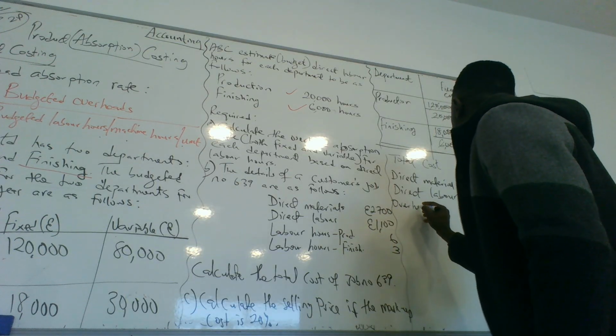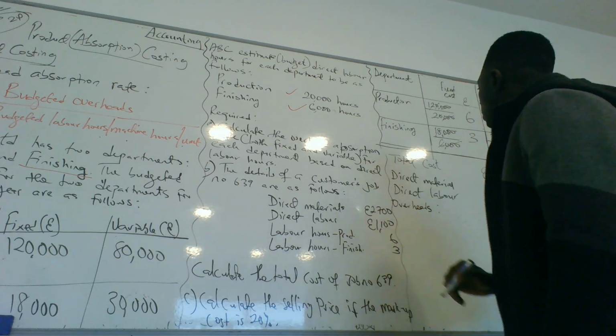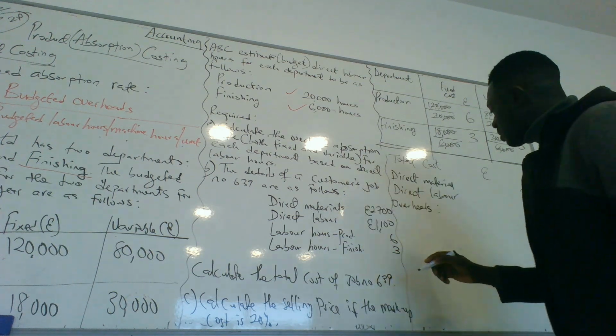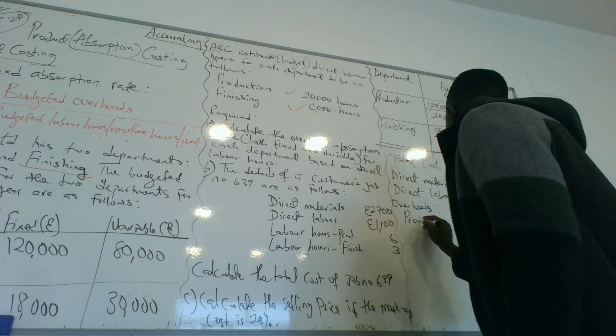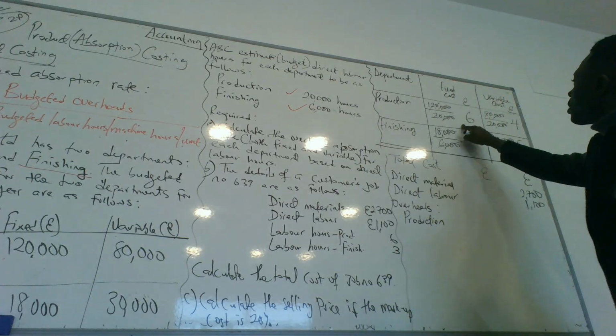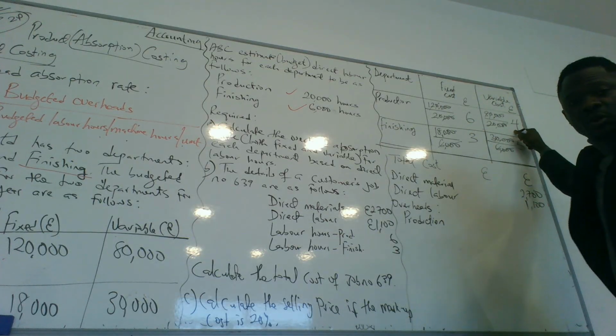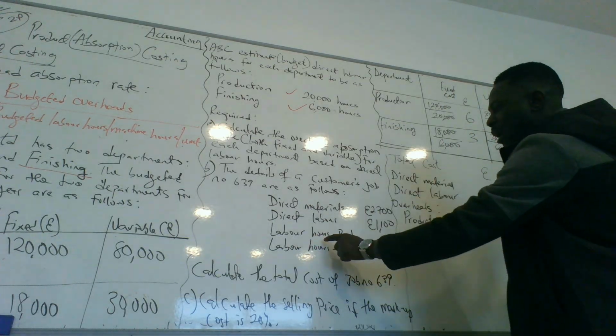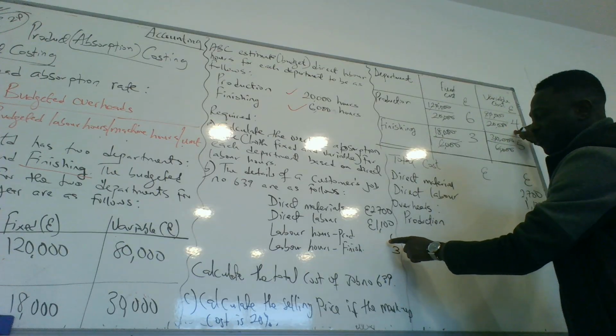Now we have the overheads. The first one is for the production department. For production department, the rate for fixed is 6 and the variable rate is 4, and the labor hours for production is 6.